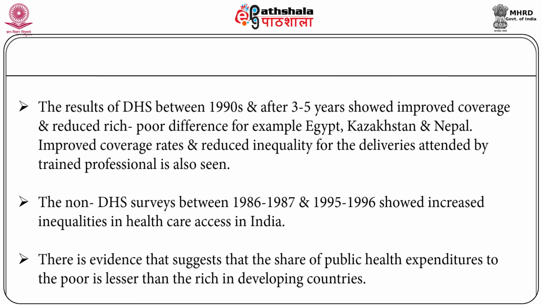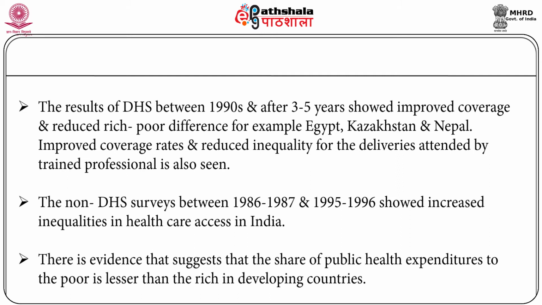The National Family Health Surveys between 1986-87 and 1995-96 actually showed increased inequality in healthcare access in India. There is also evidence that suggests that the share of public health expenditure going to the poor is lesser than to the rich in the developing countries.